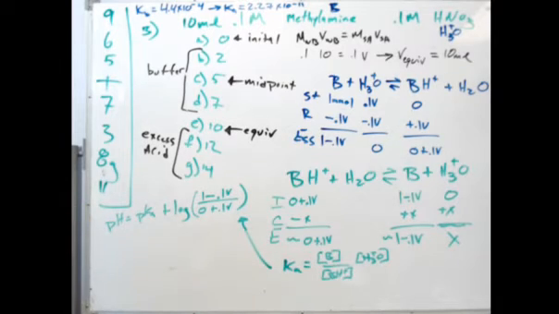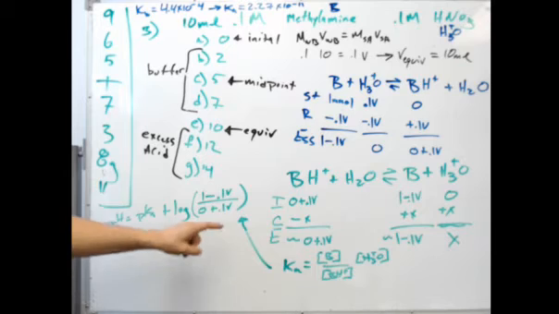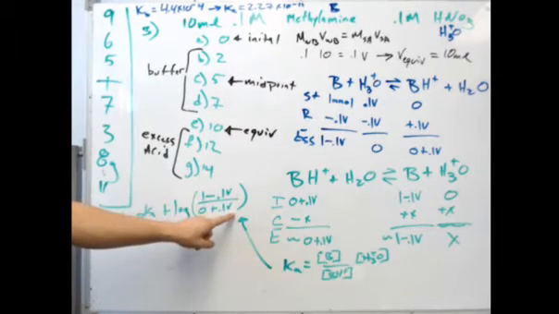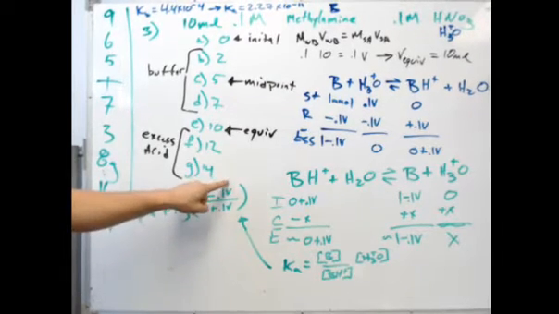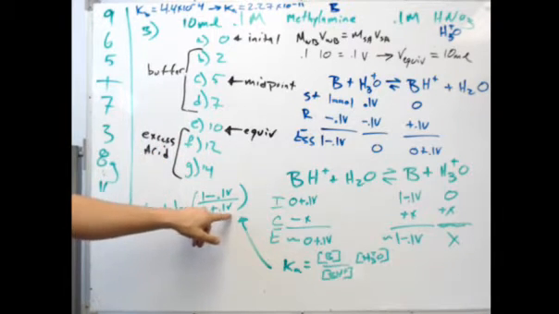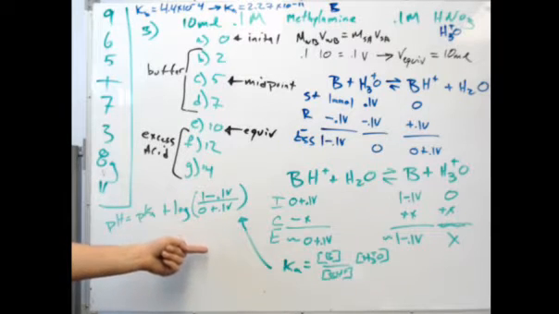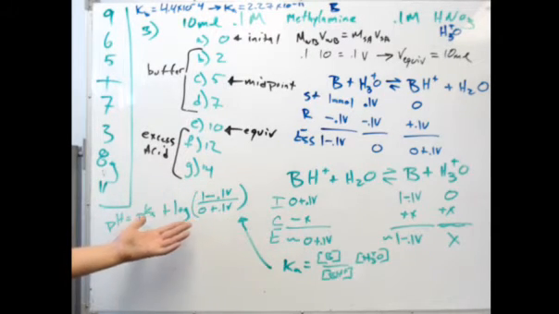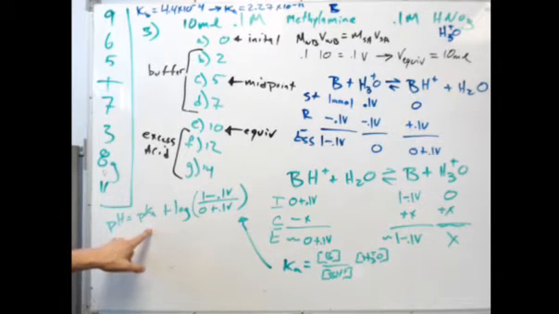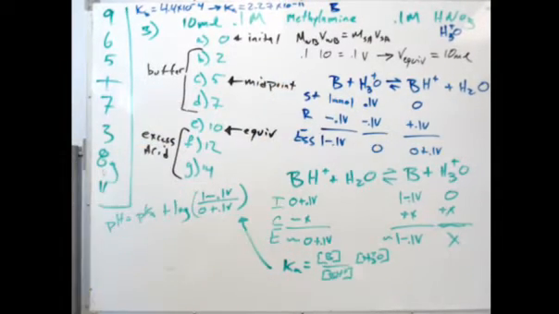Notice, even without memorizing that, the stoichiometry and the equilibrium bear that out, because if I had 5 milliliters divided by 5 milliliters, I'd have my 1 minus 0.5, which is 0.5, divided by 0.1 times 5, which is just 0.5. Log of 0.5 divided by 0.5, well, 0.5 divided by 0.5 is 1. Log of 1 is 0. I just get pH equals pKa. We didn't memorize that as a magical thing. It comes out of the stoichiometry and the equilibrium.